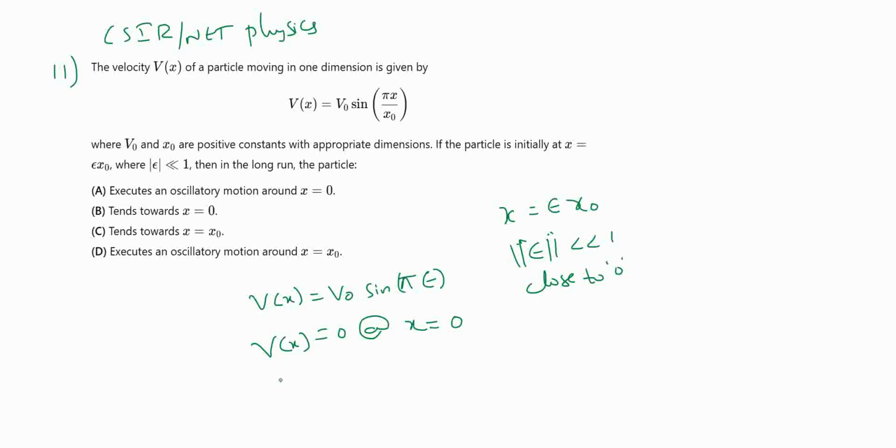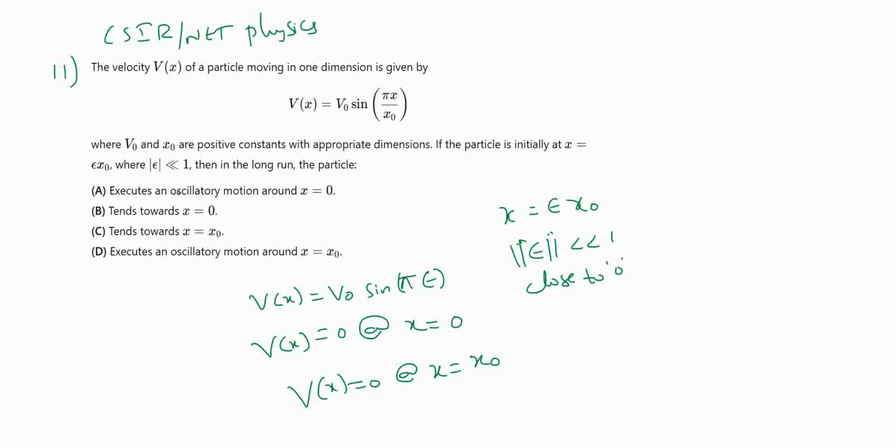Now in the long run, towards the extreme, x by x naught will be 1. V of x will be 0 at x equal to x naught. So in both cases, it is 0.